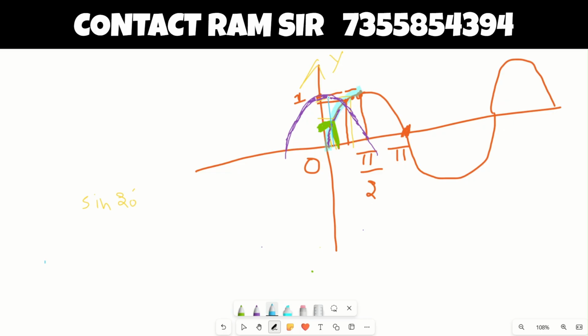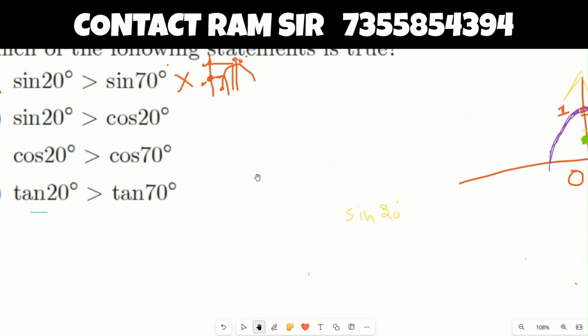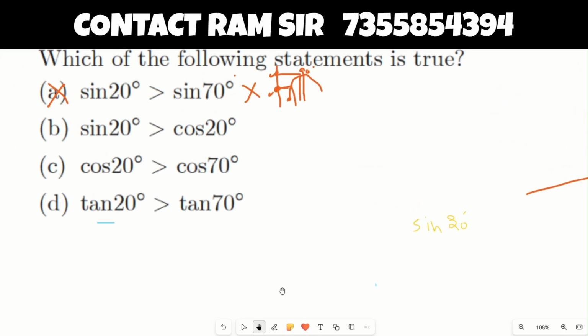So it means that cos 20 is greater than sin 20, because this graph is decreasing, so its initial value is higher. But in case of sine, it is increasing and its starting is very low, so it means sin 20 degree is less than cos 20, so it's also a wrong statement.